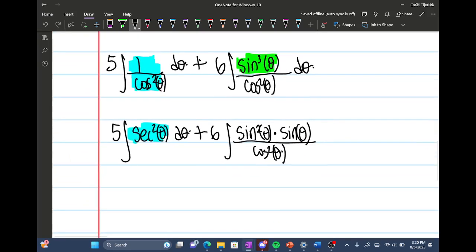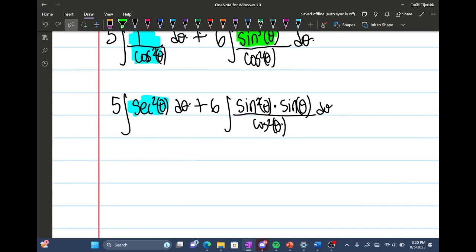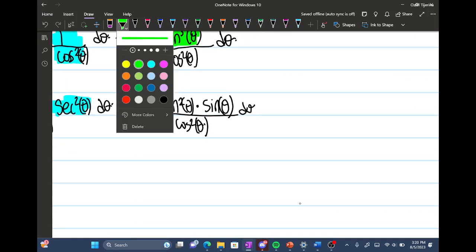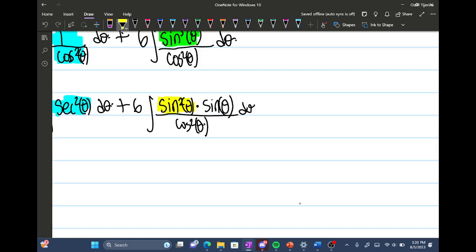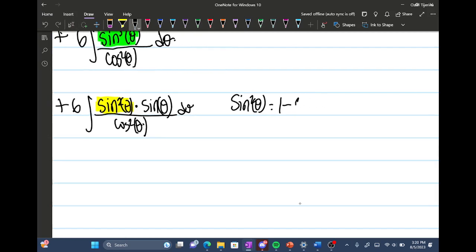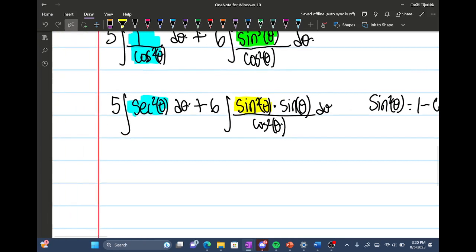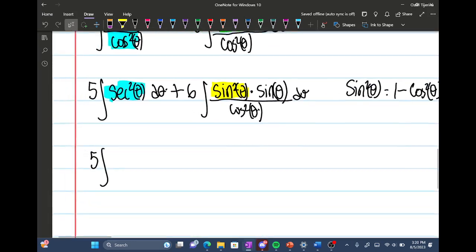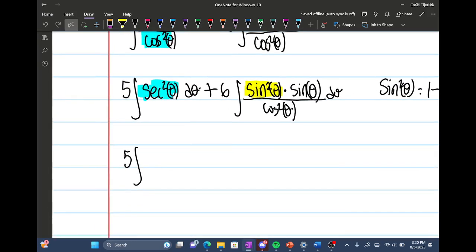We're going to use the Pythagorean identity to simplify sine squared theta as, if y'all remember, 1 minus cosine squared theta. So we really have to know our trig identities for this. I do have videos over trig identities if you're not familiar with those. I would look them up if you don't know them.